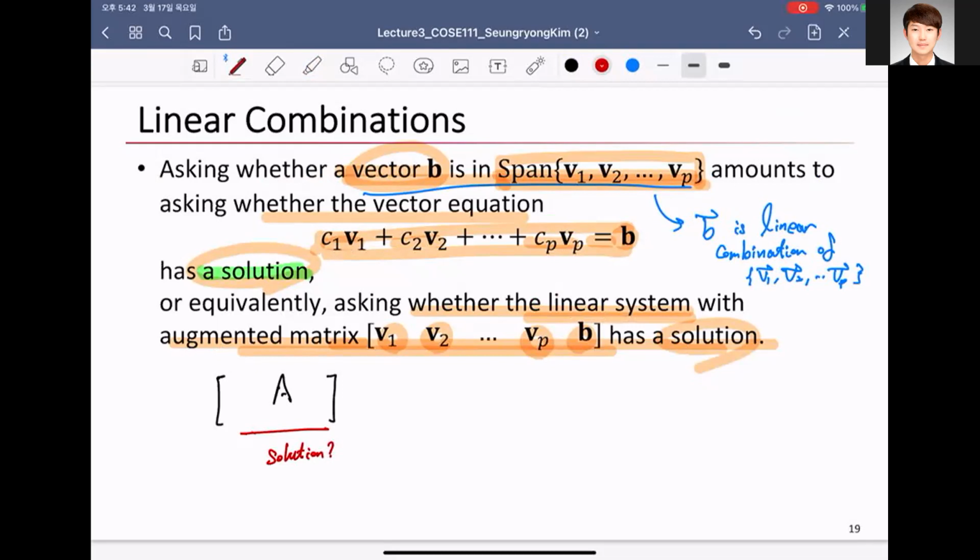But by using the vector, in this case the column vector, 그렇죠? v1, v2, blah blah vp, we can do the same thing within a vector domain.